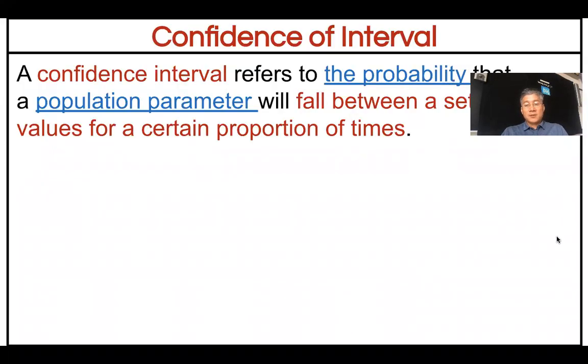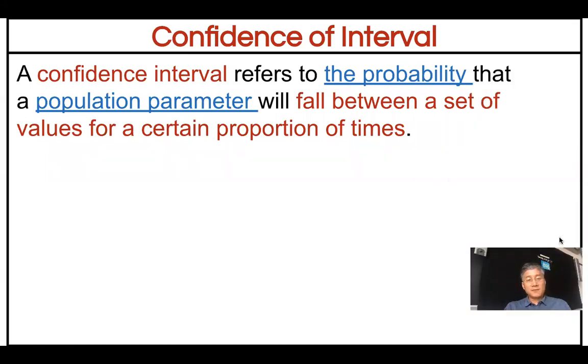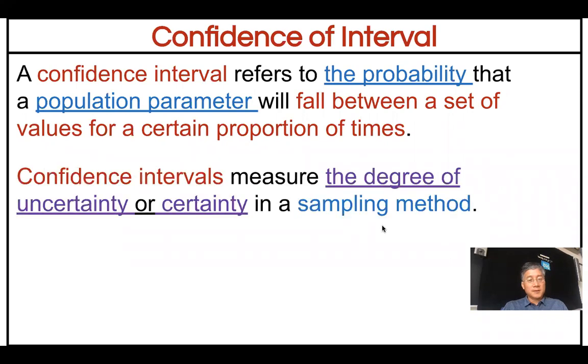So last time we learned how to get the confidence interval. So what is a confidence interval? It refers to the probability that a population parameter will fall between a set of values for a certain proportion of times. So confidence intervals measure the degree of uncertainty or certainty in a sampling method, right?